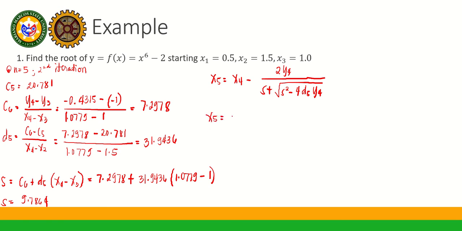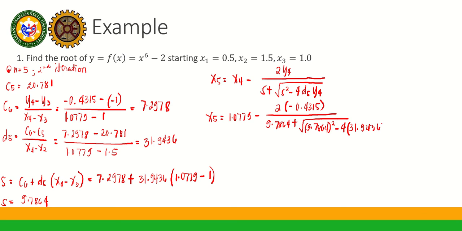So, plug na natin yung mga values. X sub 4 is equal to 1.0779 minus 2 times y sub 4 natin is negative 0.4315 all over yung s natin, that is 9.7864 plus the square root of 9.7864 quantity squared minus 4 times our d sub 5 is 31.9436 multiplied by negative 0.4315 si y sub 4 natin.